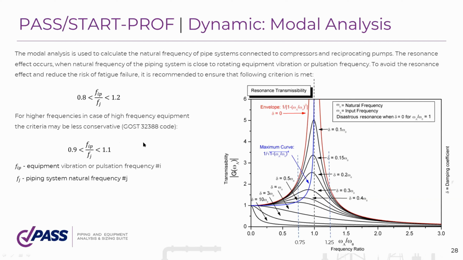Some codes also have other requirements. For example, the GOST code has the requirement that for higher frequencies the range is a little bit smaller, because it's not so easy to satisfy that requirement. So the GOST code allows you to use a less conservative equation for higher frequencies.